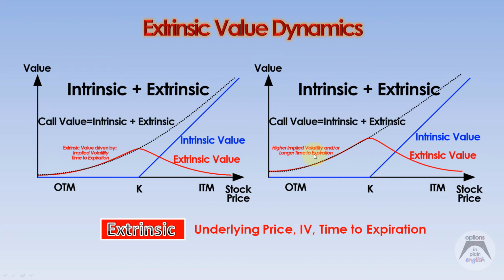And likewise, when you look at, for example, different underlyings that have different implied volatility, you're going to notice that the option with a higher implied volatility is going to be more expensive, not because of intrinsic. It's entirely because of extrinsic, which is what drives the optionality in option prices.